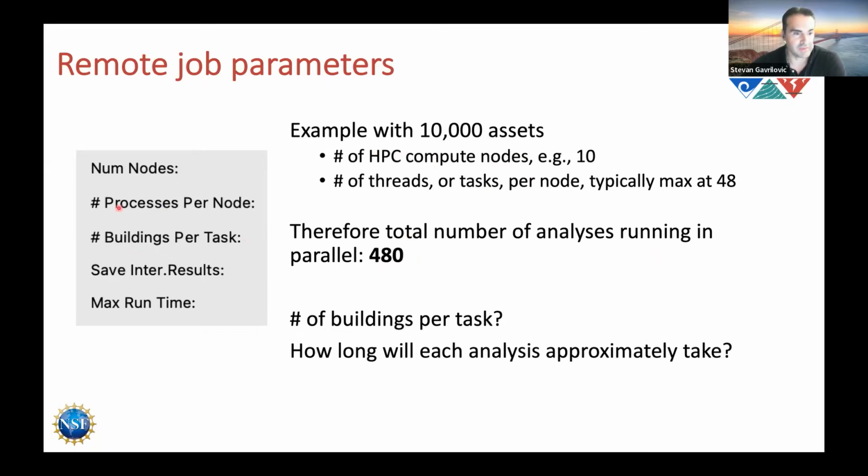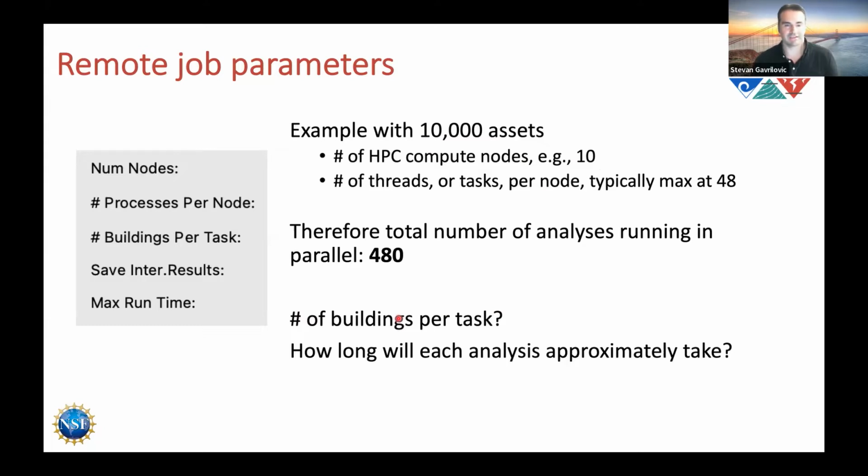And then there's this number of buildings per task. It takes time to also load buildings to a task. This will let you load a batch of say 10 buildings to one task. Now you got to be careful here. If you have, say, 100 assets, you reserve 10 nodes, and you have 100 buildings per task, all the buildings are going to go to your first task, and then you're going to have 9 nodes sitting idle.